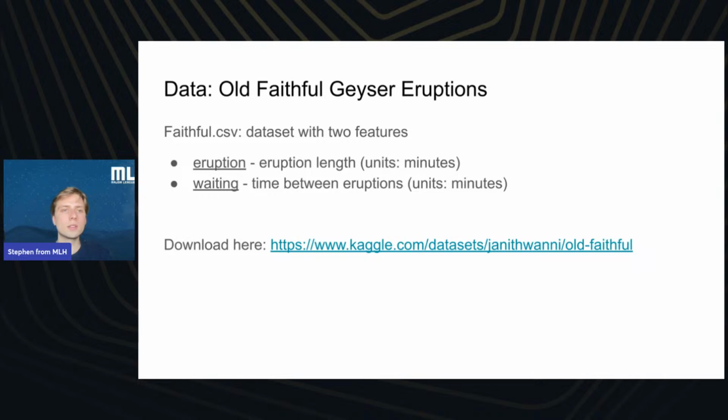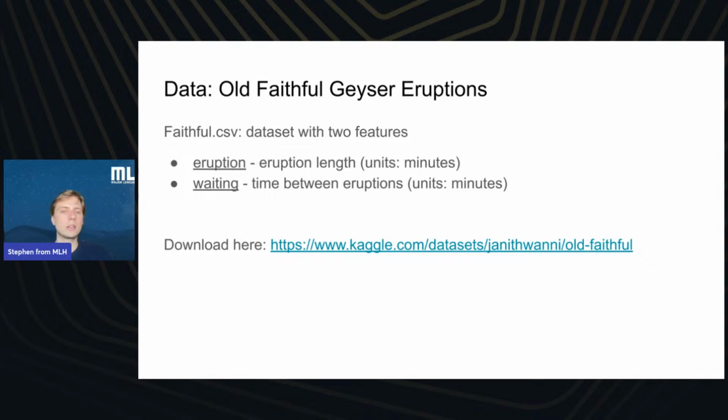But all right, so we have this data, the Old Faithful geyser eruptions. This is actually a data set from Kaggle, but really it's from the National Park Service. They track these eruptions that happen at the Old Faithful Geyser in Wyoming. It's a big geyser in the ground that erupts quite frequently.